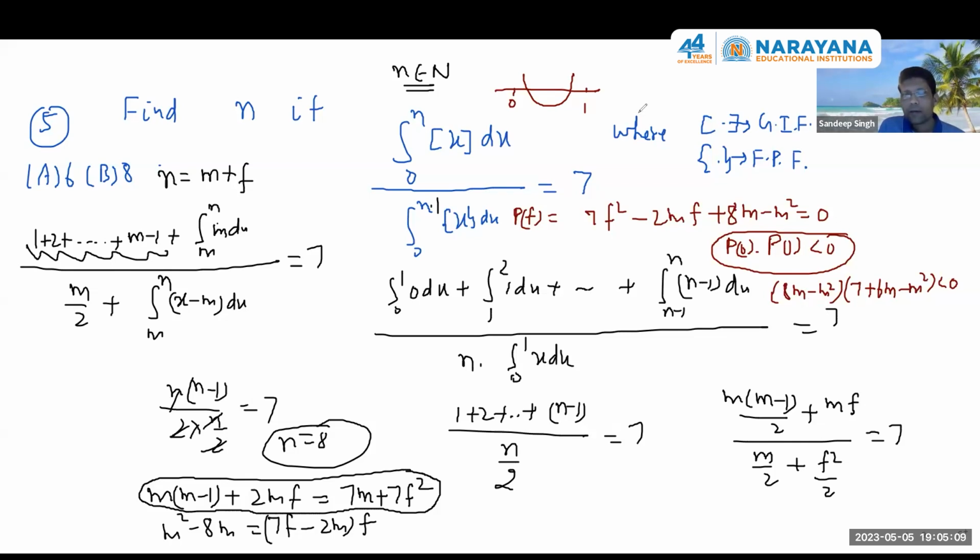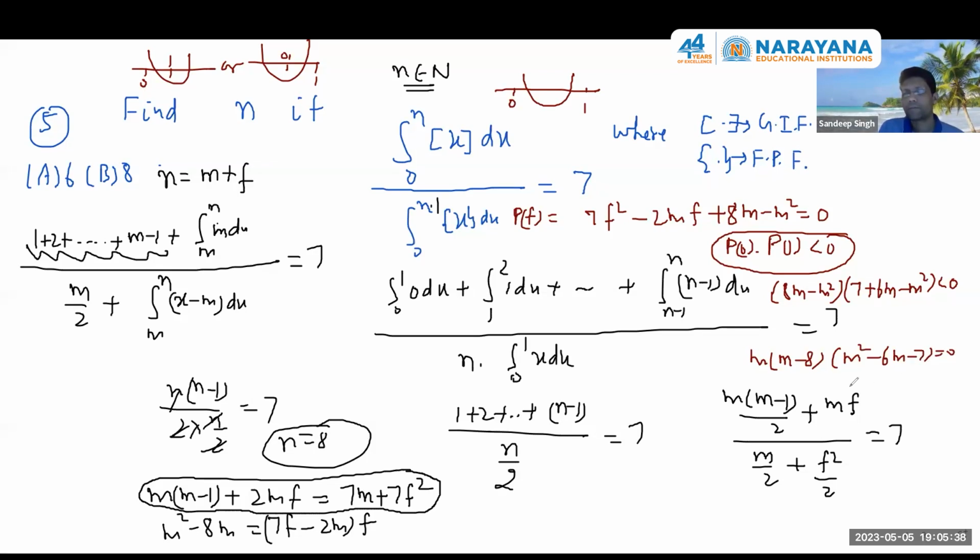Correct. So now 0 to 1, first possibility we have taken, which illustrates this case, 0 to 1. That means P of 0 into P of 1 less than 0. So this will become m into m minus 8, and this is how much? m square minus 6m minus 7.